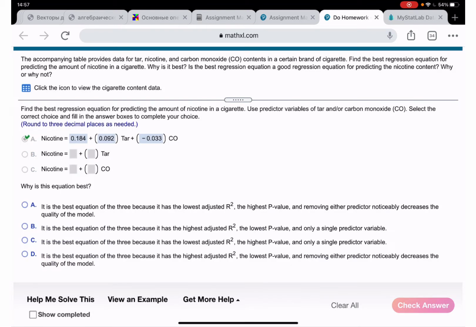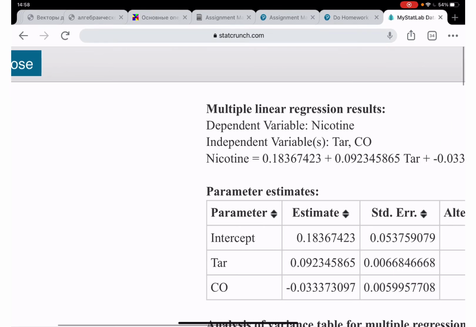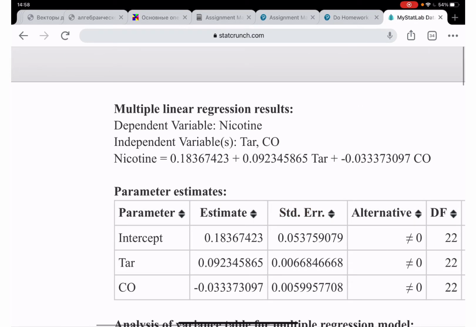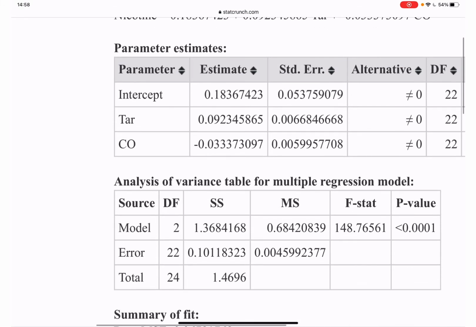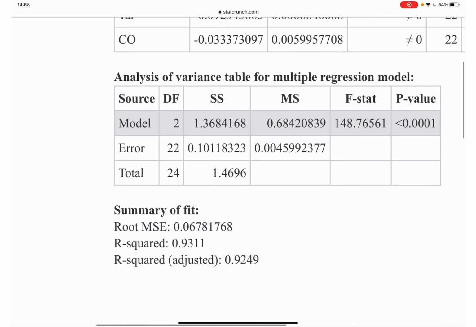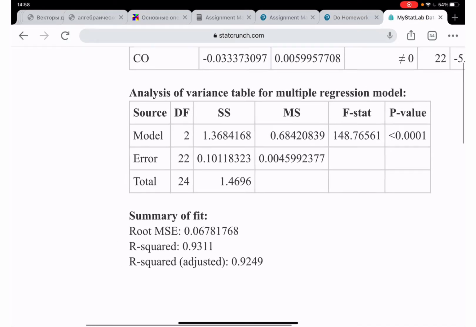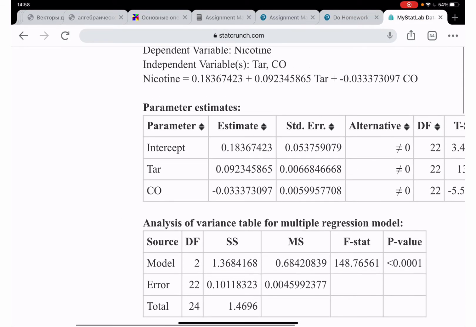Question: which equation is the best? It is the best equation of the 3 because it has the highest adjusted R squared. Let's see our R squared. Actually, the equation is also given here. R squared is 0.9311 and adjusted R squared is 0.9249. They are close to each other.